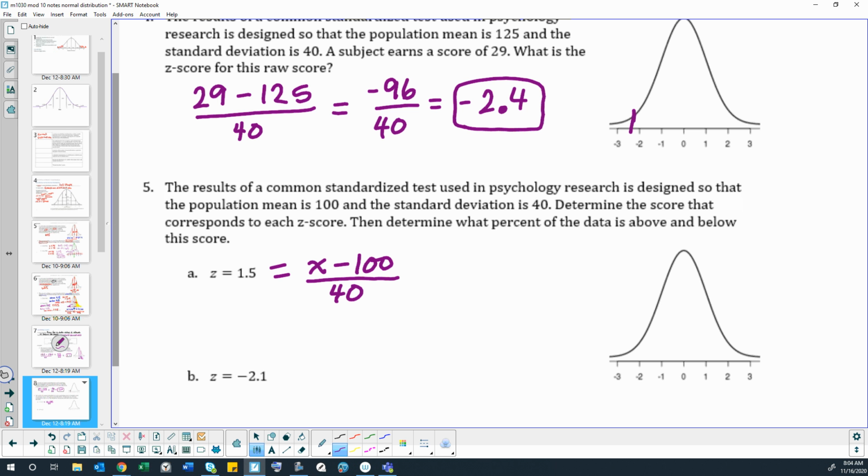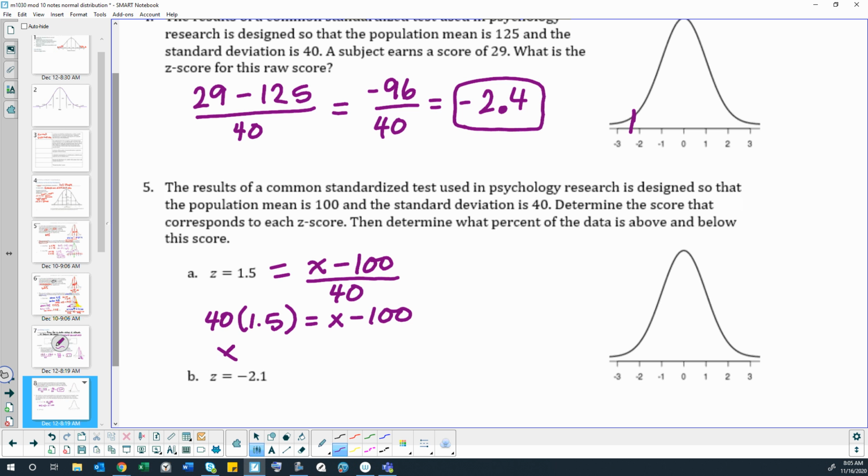How do you like to solve equations when you have fractions or division in the problem? Well, yeah, cross multiply, sort of, but we don't have a fraction on both sides, but it's sort of the same idea. We just can multiply both sides by 40, right? Okay, so let's start with that. So we're going to have 40 times 1.5 equals x minus 100.